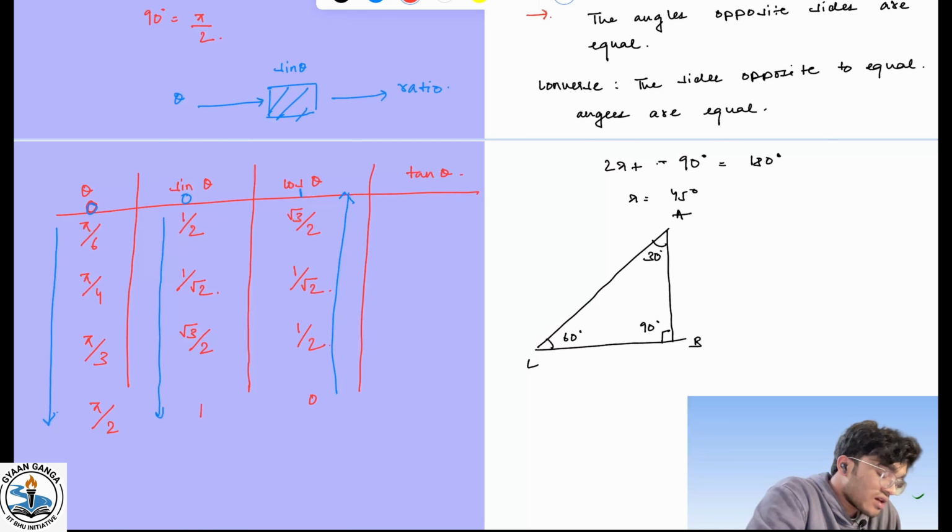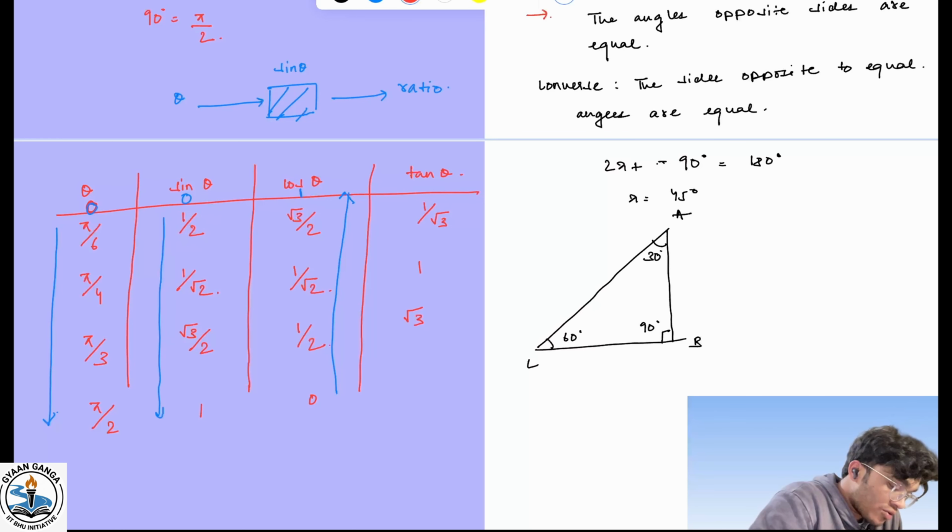And lastly, tan theta is simply the ratio of sine theta and cos theta. So you take the ratio of the two. You can pause the video for a minute so that you become much more familiar with these ratios. Now you can see that tan pi by 6 is 1 by root 3. Tan pi by 4 is 1. Tan pi by 3 is root 3.